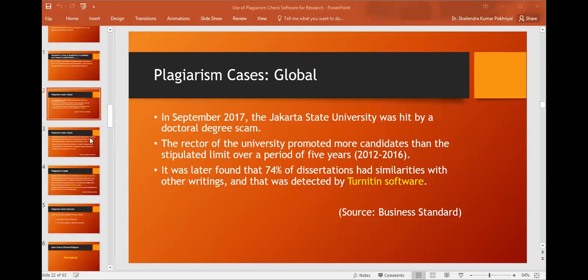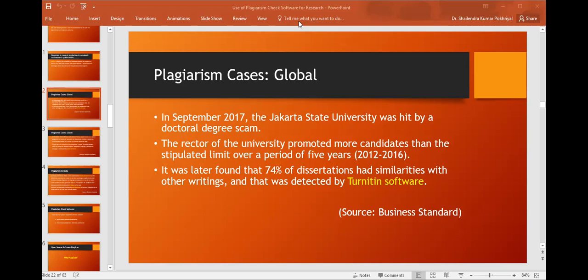Okay, sir. Thank you. So here we'll try to understand why plagiarism has become so problematic and why it has been an important issue, at the global level. In September 2017, the Jakarta State University was hit by a doctoral degree scam. The rector of the university promoted more candidates than the stipulated limit over a period of 5 years, during 2012 to 2016.